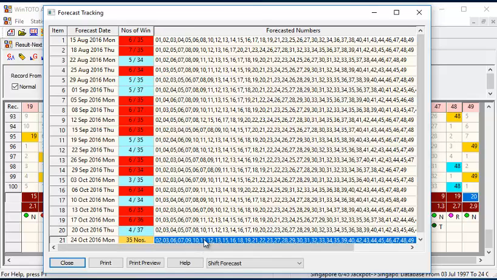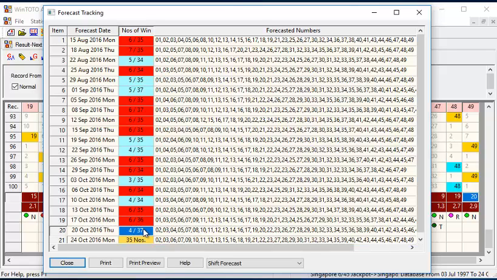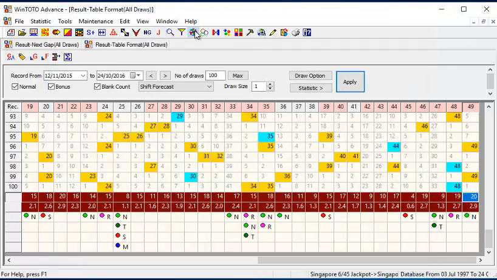So I think it's worth staying put on this group of numbers. The total number is 35 numbers. I believe that in the upcoming draw, the forecast numbers are worth observing.